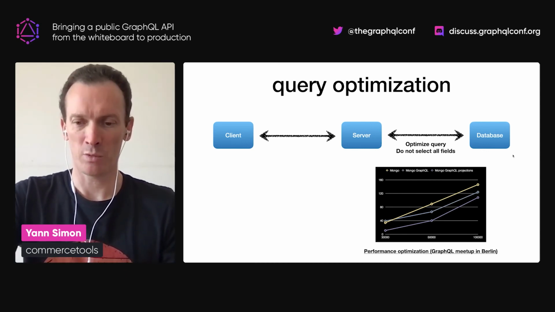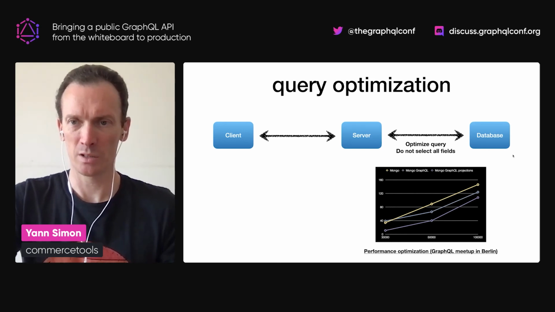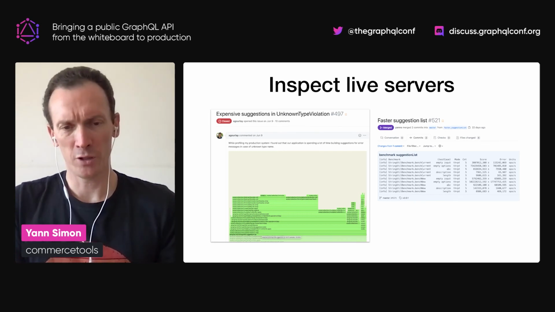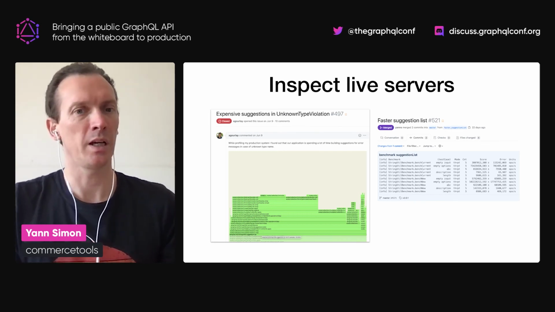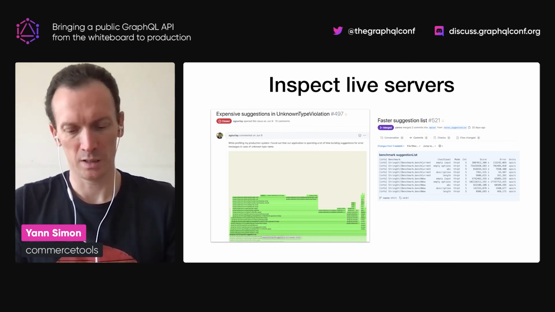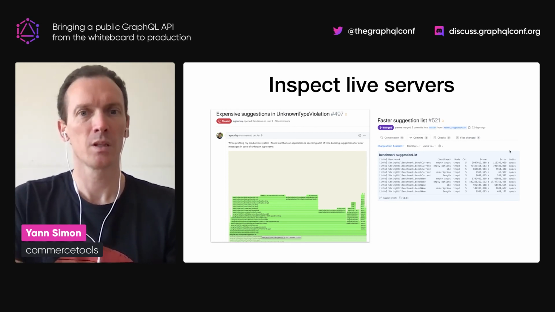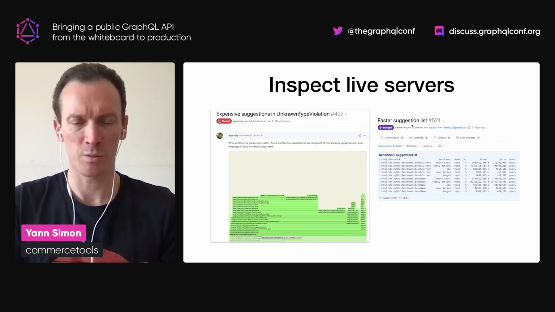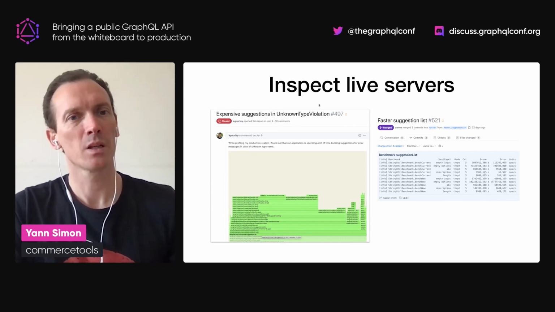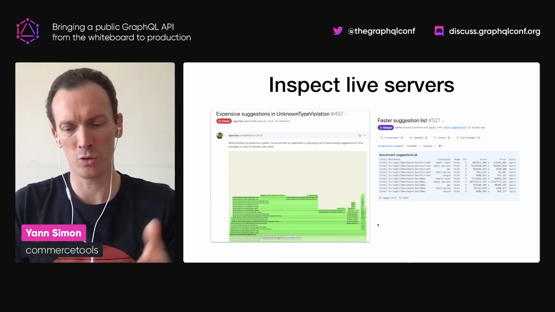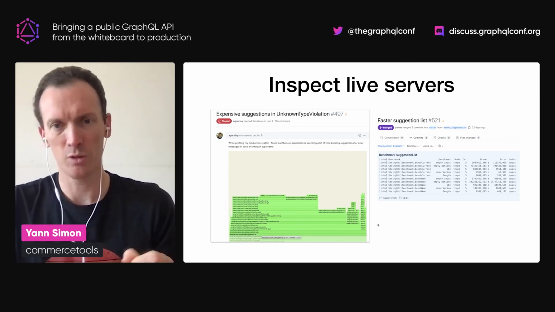So this is something that we are using to optimize our performance. And we have a lot of live traffic, and we inspect our servers in production to check where the time is being spent. For example, by using flame graphs, we can know which part of the code is quite slow.